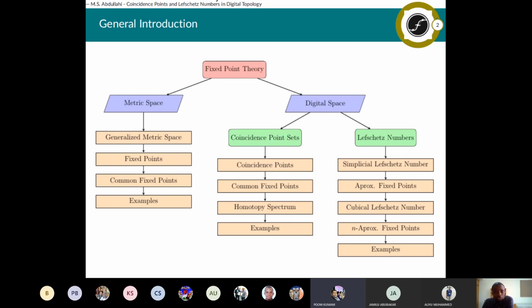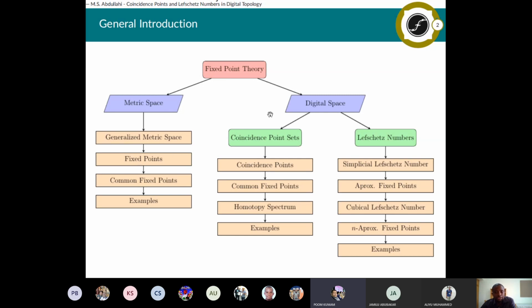The first part deals with the study of a generalized metric space. We are going to define a generalized or extended metric space. Then we study the existence of fixed points on the generalized metric space, and also common fixed points. And we are going to end this part with some nice illustrative examples.